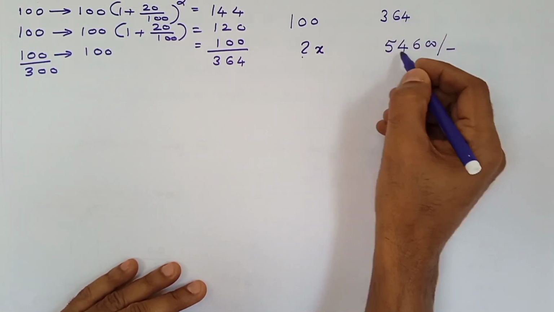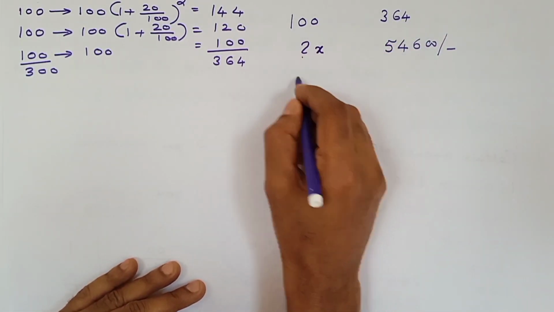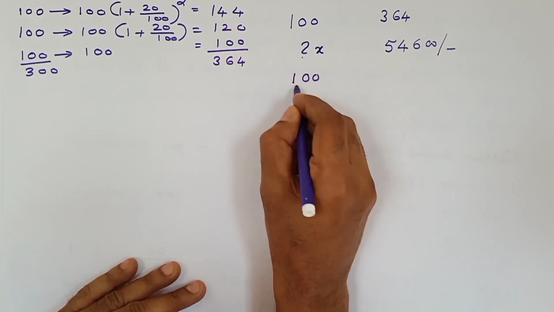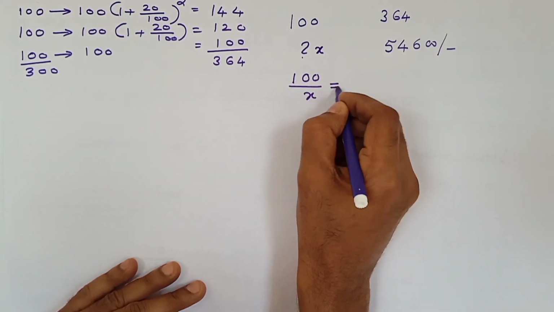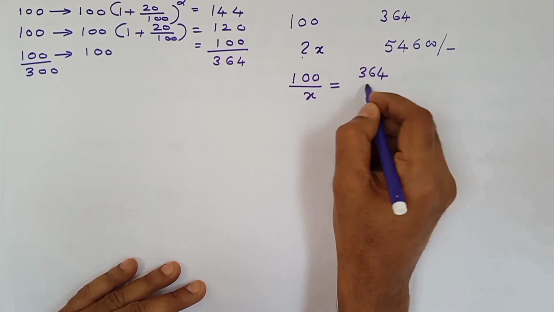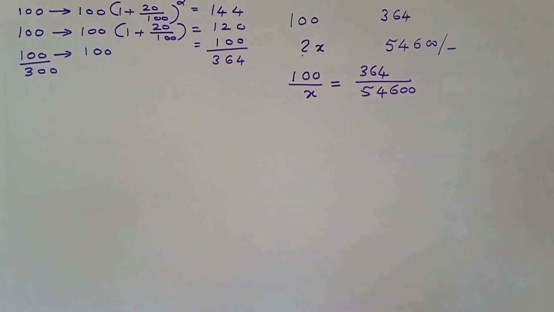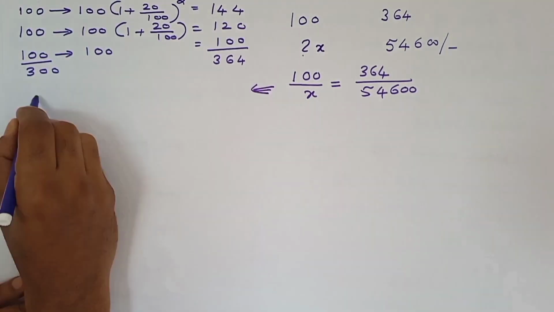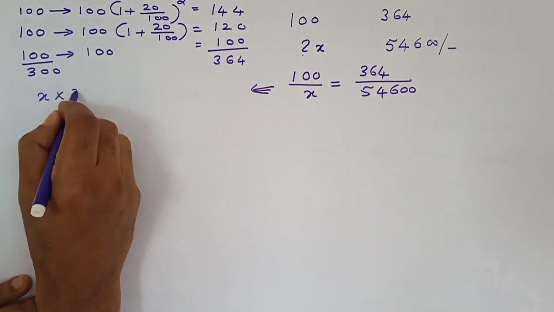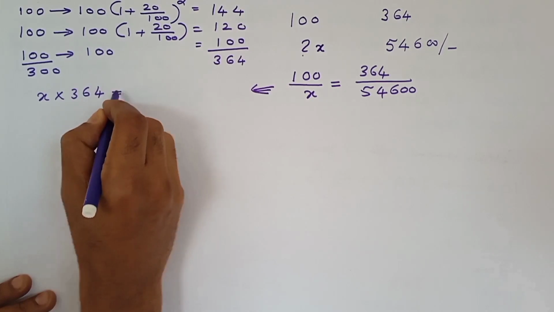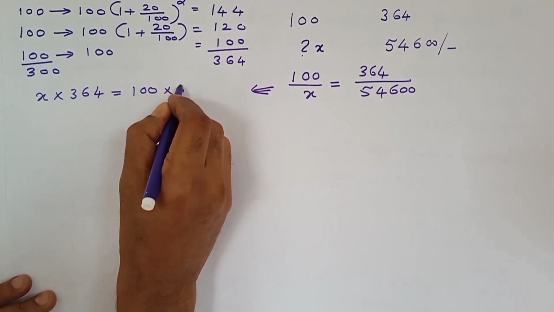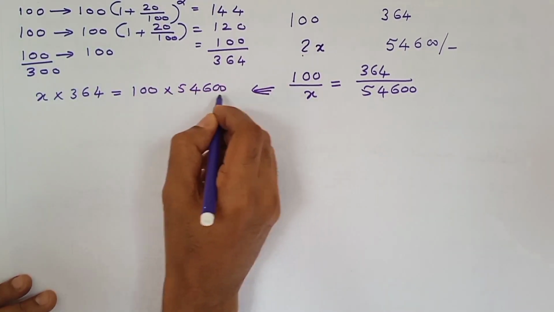So here it's more, this also will be more, they are directly proportional. Or rather, 100 by X is equal to 364 by 54,600. Now you cross multiply, you will have X into 364 equal to 100 into 54,600.